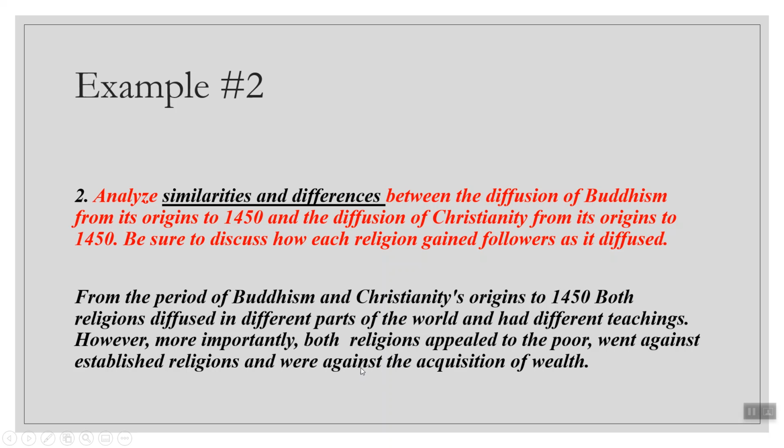Now here's my argument. However, more importantly, both religions appealed to the poor, went against established religions, and went against the acquisition of wealth. So now I'm discussing how they gained their followers. They gained their followers because they went against established religions and wealth. So most of that stuff appealed to the poor.